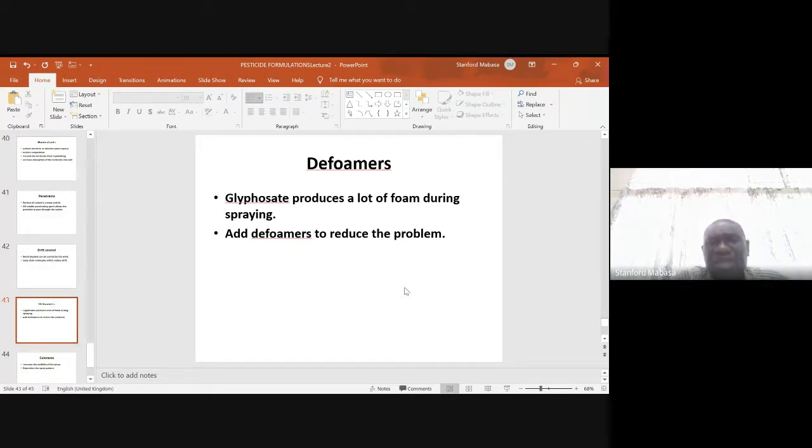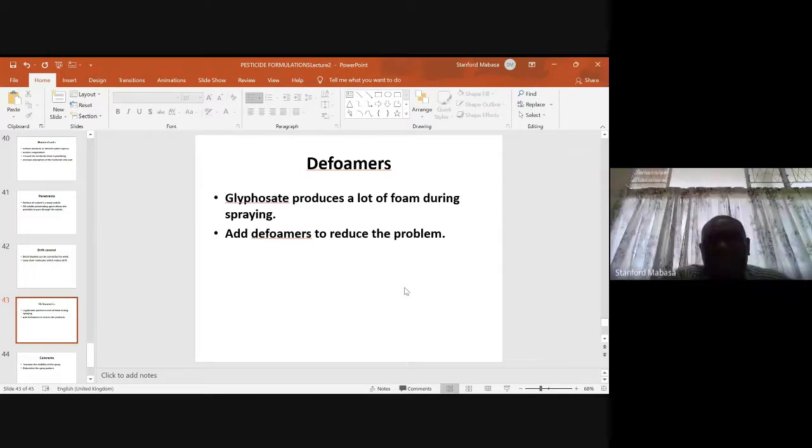We know sometimes when we are mixing pesticides, especially if you are handling glyphosate, there's foam which is created. It's a white stuff during spraying.